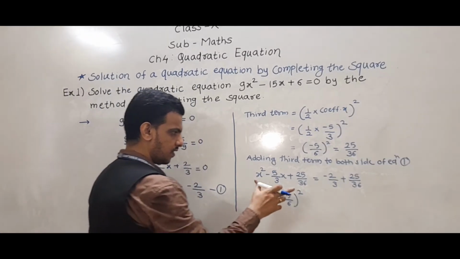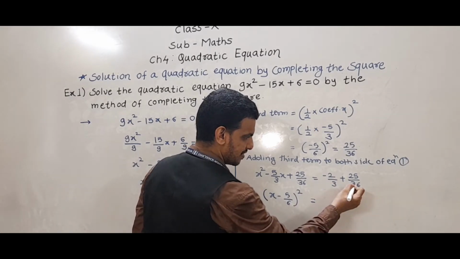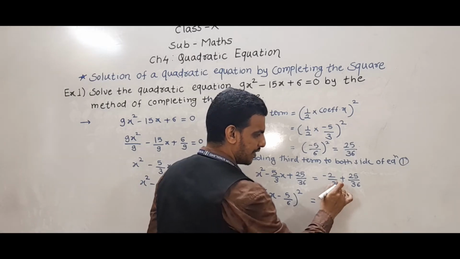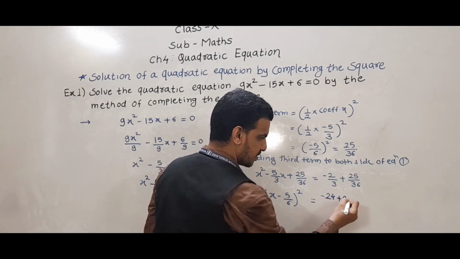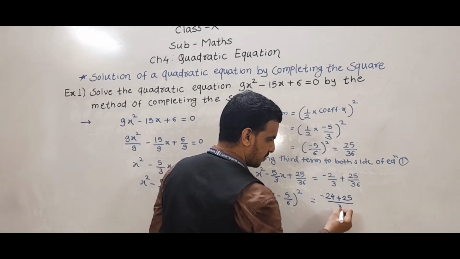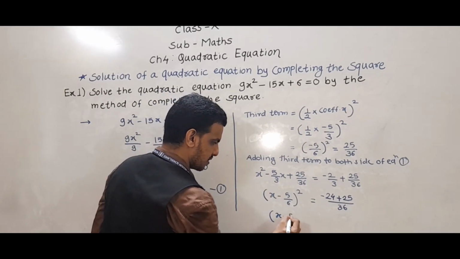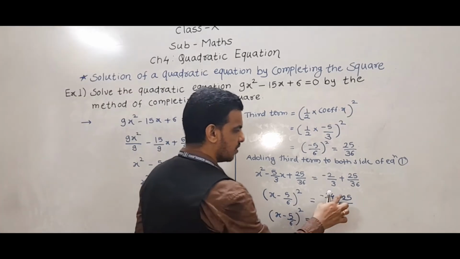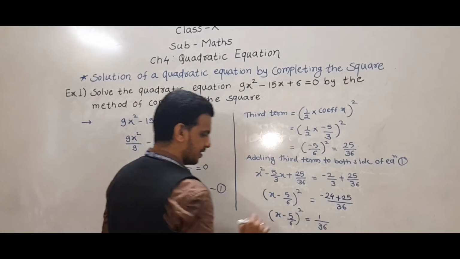Is equal to, now we have to simplify this. Here 36 is there and here 3 is there, so we have to multiply by 12. So minus 2 into 12, that is minus 24, plus 25, divided by 36. Now x minus 5 by 6 bracket square is equal to 25 minus 24, that is 1, divided by 36.